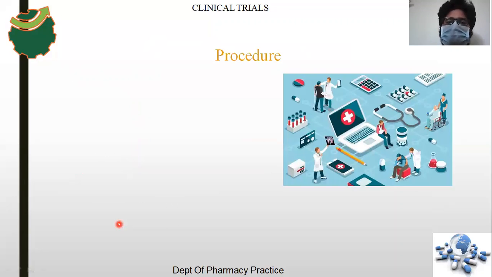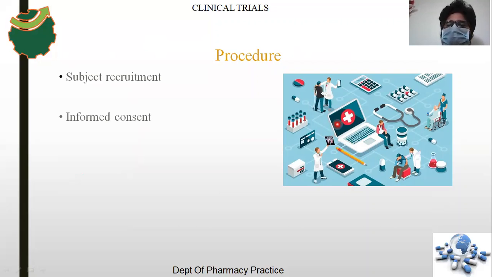The procedure for phase one starts with subject recruitment. You'll recruit the subject, then take the informed consent form from them. Next, you will screen the patient based upon health condition, and record the baseline parameters of the patient.